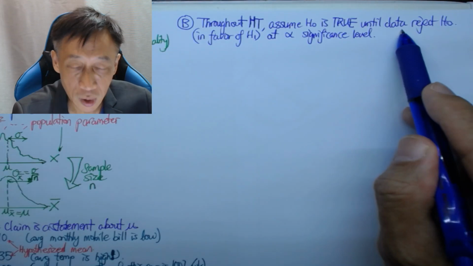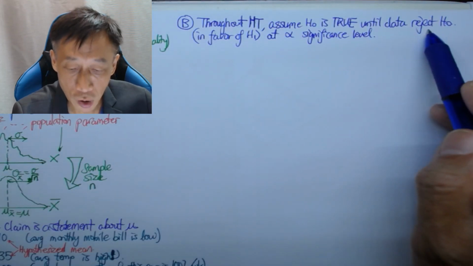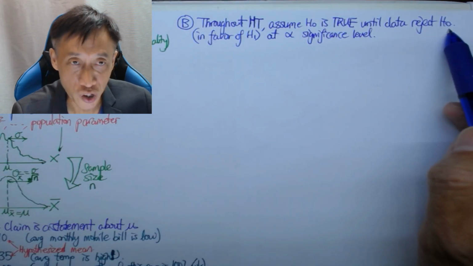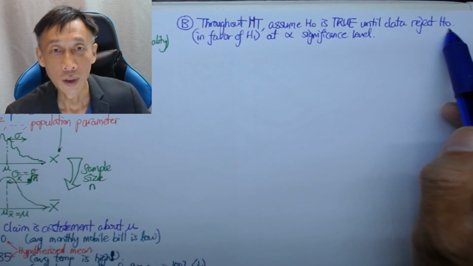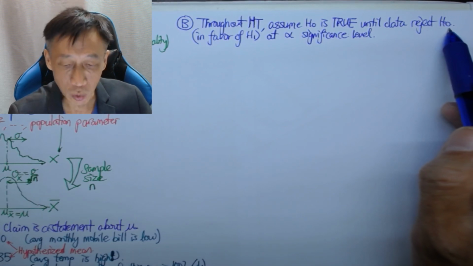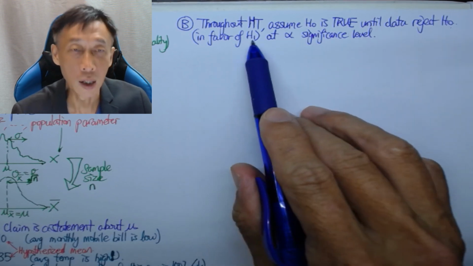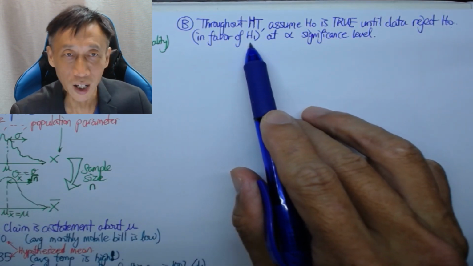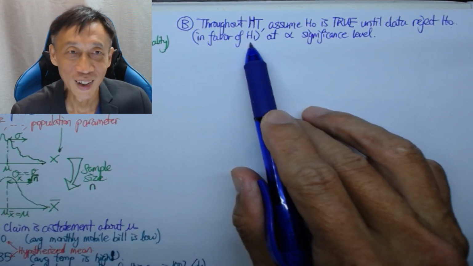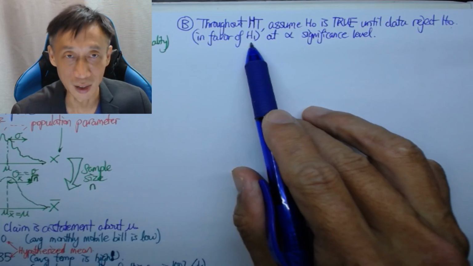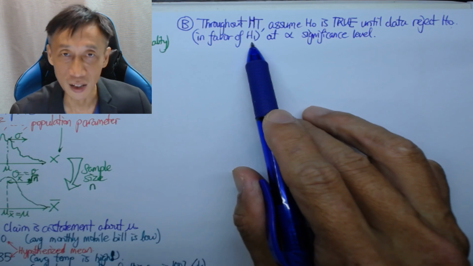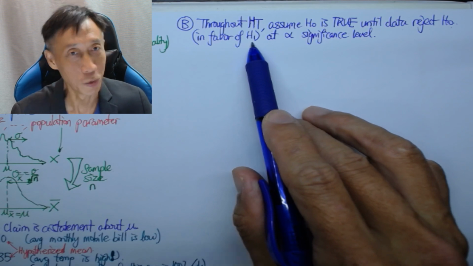Until data comes in, we perform calculations, then we decide whether to reject H naught or not. And once we reject H naught, then we are going to conclude that H1 is not rejected. We're just stating plainly, as a matter of fact, that H1 is not rejected. That's all.